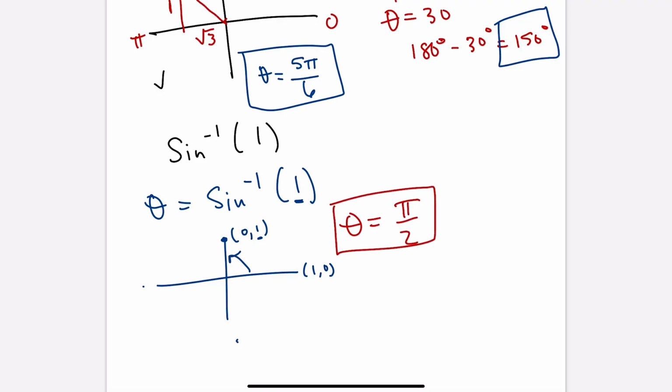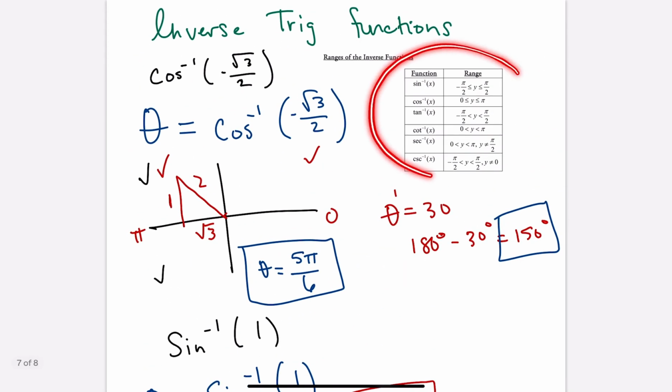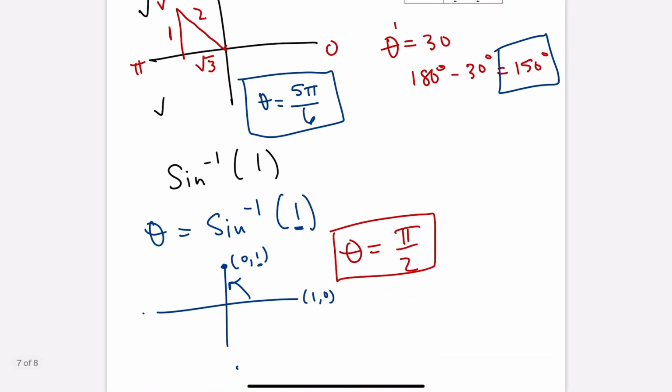Now, as you notice, we didn't really talk about this table for that one, but you still do need to. So inverse sine exists between negative pi over 2 and pi over 2, so that is actually right here. One of the ways you want to read this is 0 to pi over 2, and then 0 to negative pi over 2, right?